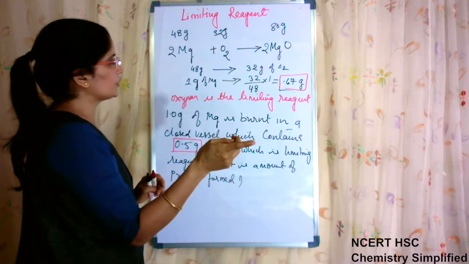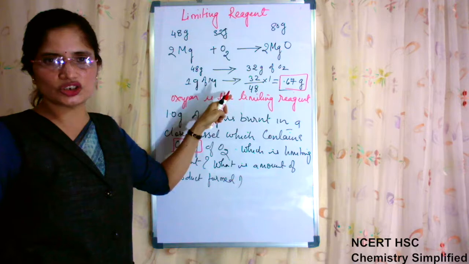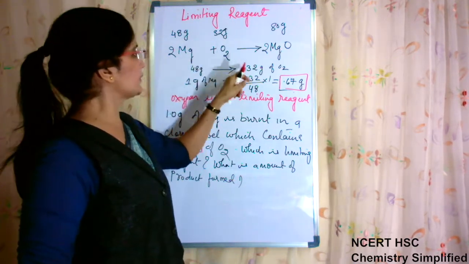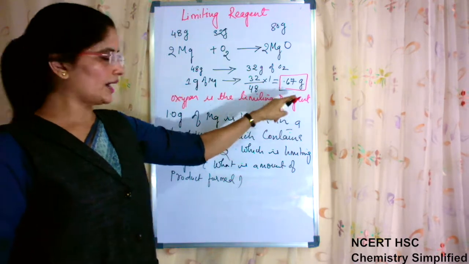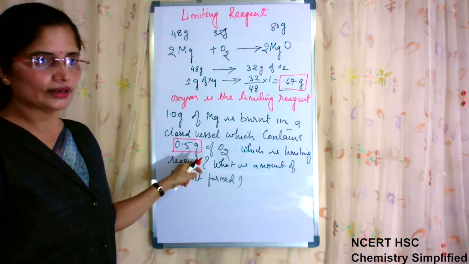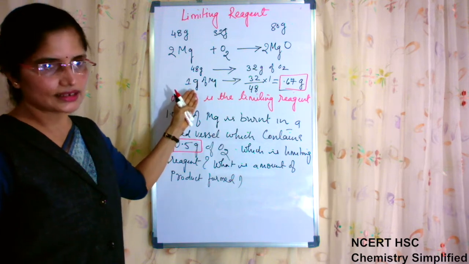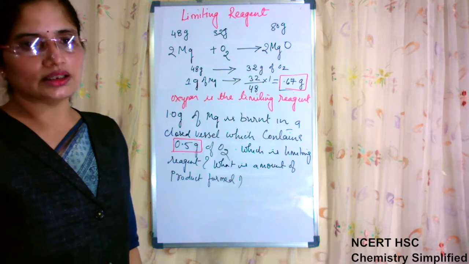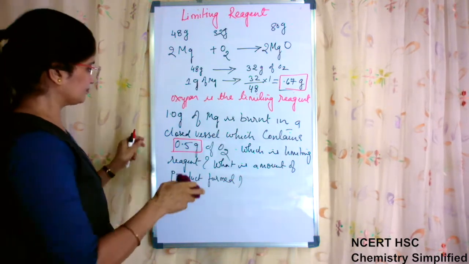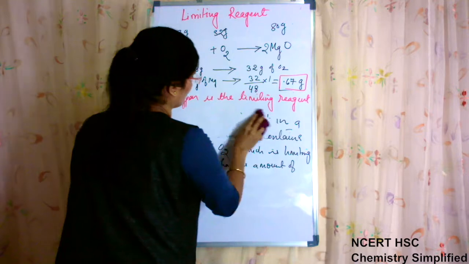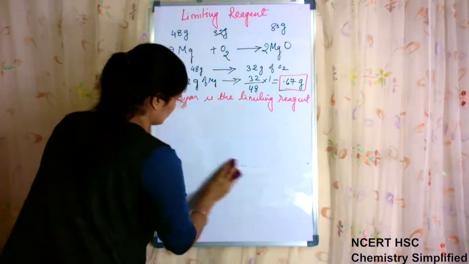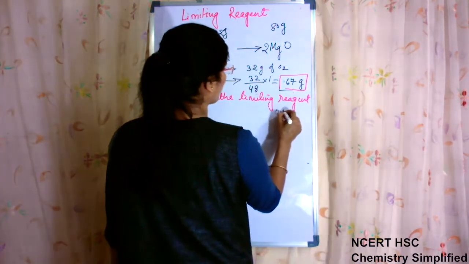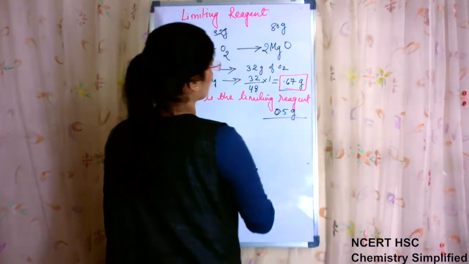Also, product will not be formed according to 1 gram of magnesium, because though magnesium is extra, the amount of oxygen required to react with it is 0.67 and available is only 0.5. So no matter how much of this is present, we have to look at the limiting reagent to obtain the amount of product. Oxygen is the limiting reagent because only 0.5 grams is available.